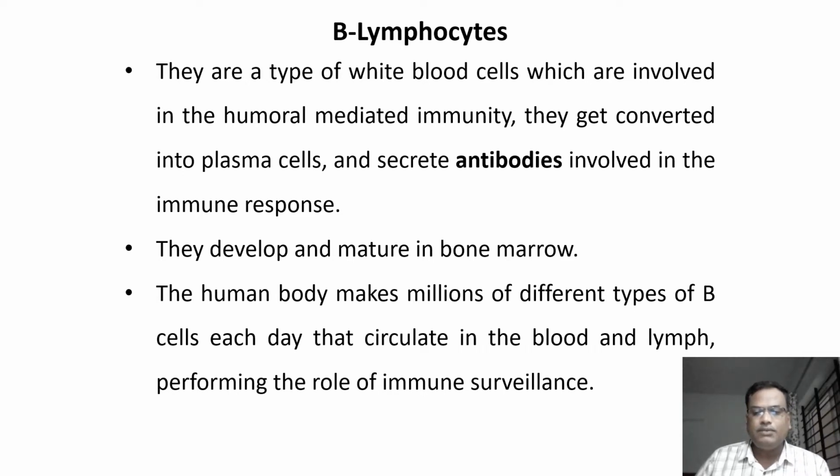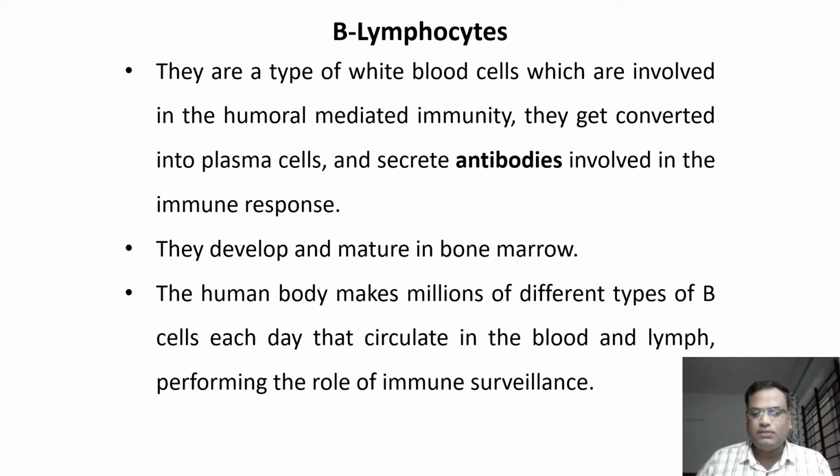Now, in the previous session, we studied about one concept of clonal selection theory. What happens is millions of different kinds of B lymphocytes are produced in the body every day, and they are waiting for the antigen, and they are waiting for the stimulation and maturation.